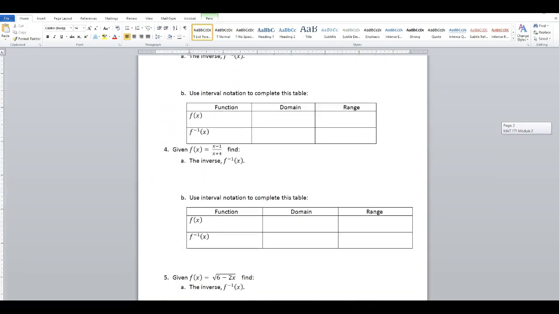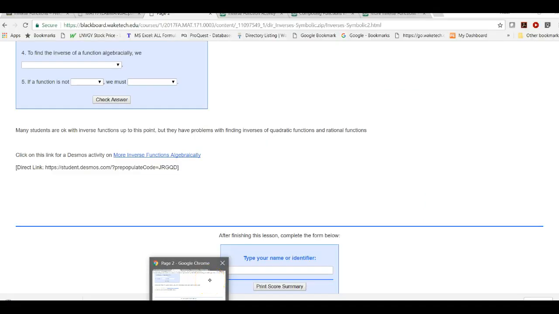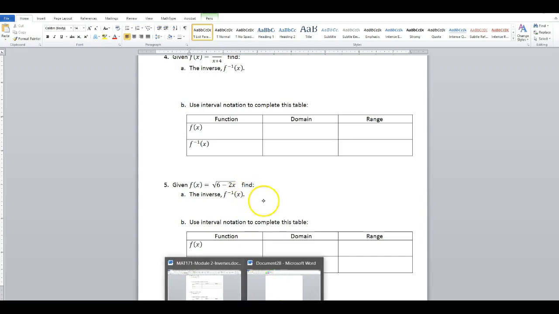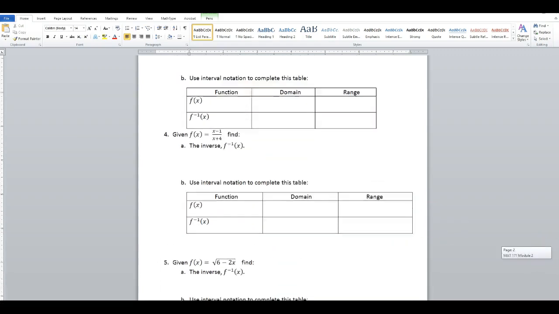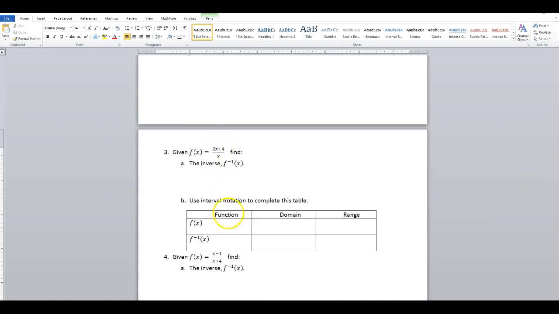Now, notice that these functions got a little bit more involved, not just linear functions anymore. You have rational functions, you have root functions.